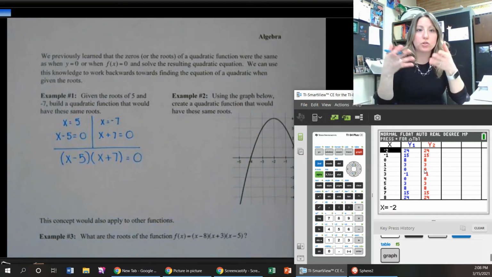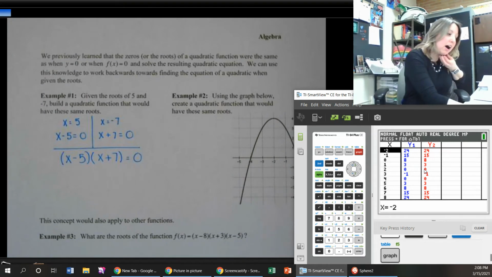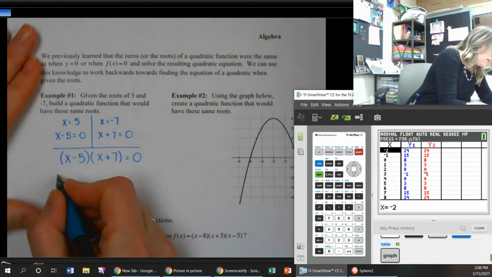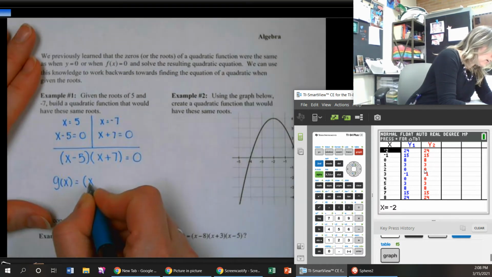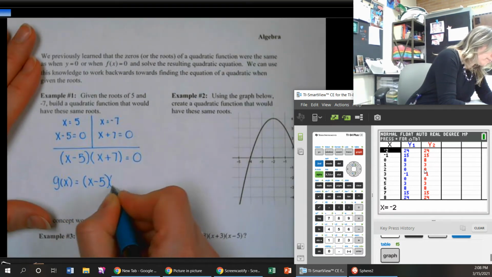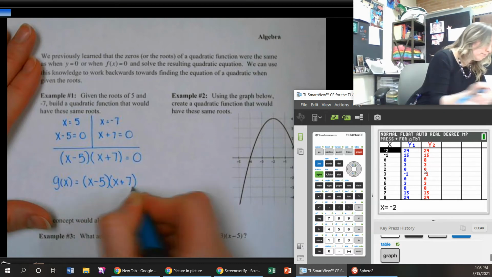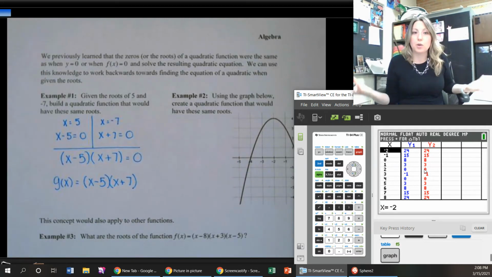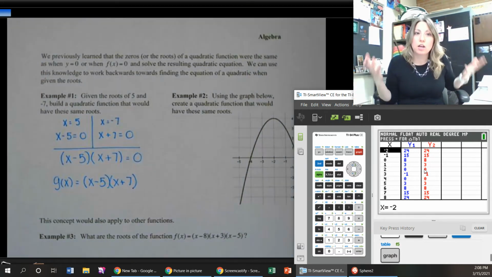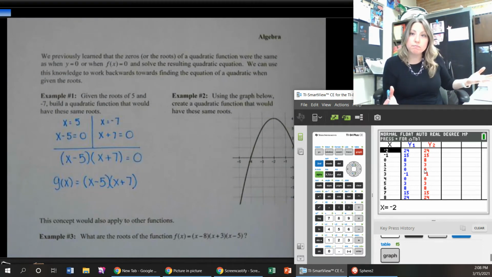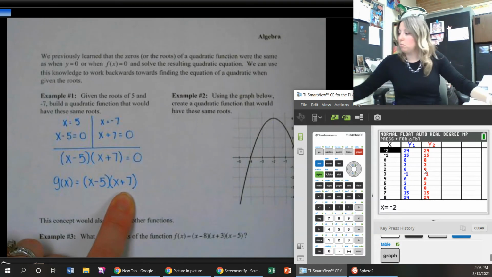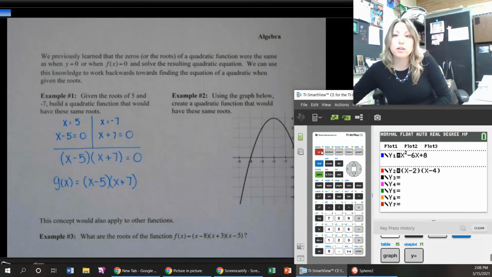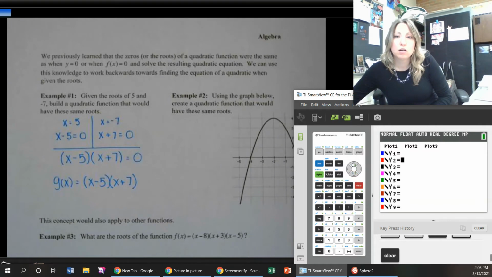There was the quadratic function. I just need to replace 0 with f of x or g of x or h of x. And because I haven't used it yet today, I'm going to choose g of x. This quadratic function will have a zero at 5 and negative 7. Let's double check. Go back to y equals and plug it in to y1.